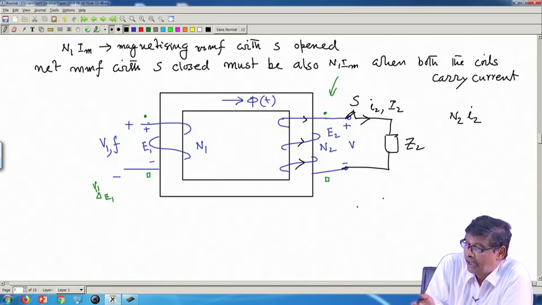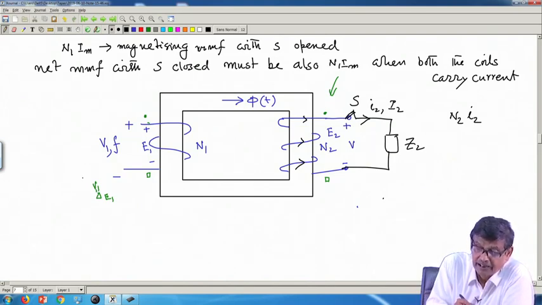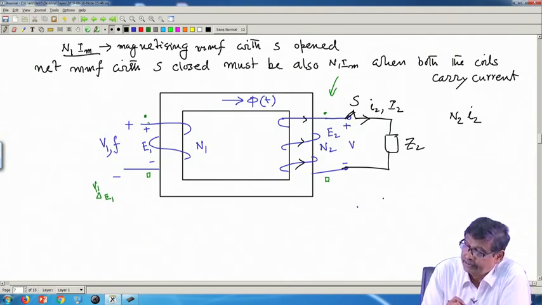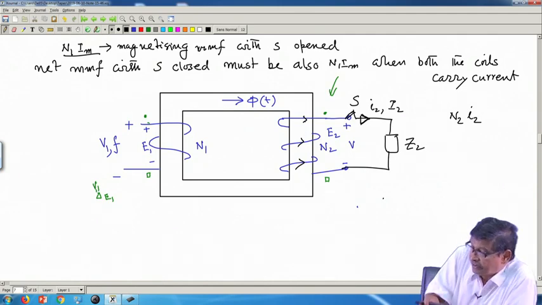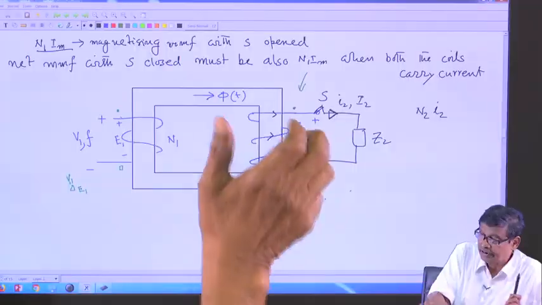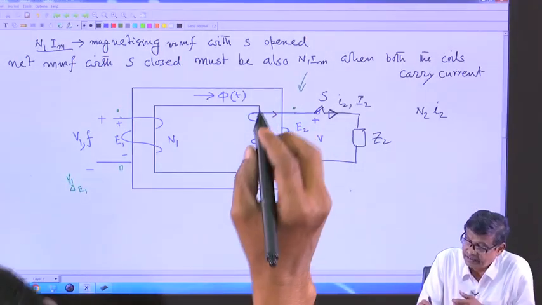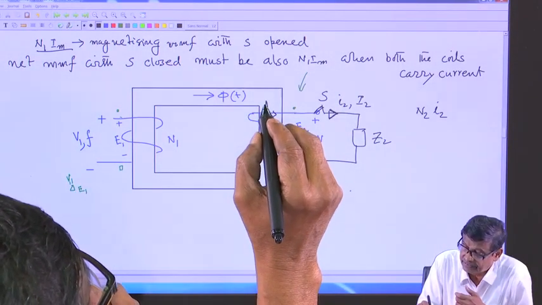Primary prior to closing of the switch was carrying a current of Im, magnetizing current. Now, when the secondary will carry a current I2, it will try to create flux. If you see this one, it will try to create flux in the opposite direction, is not?